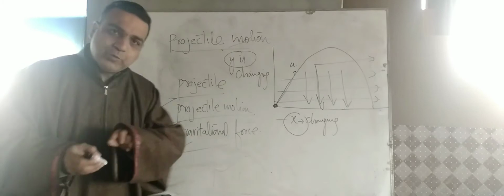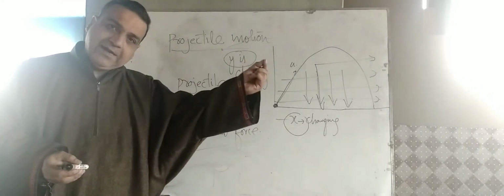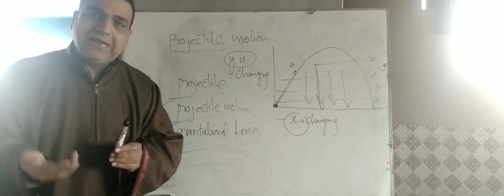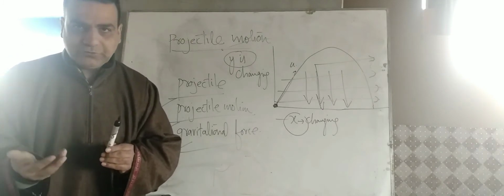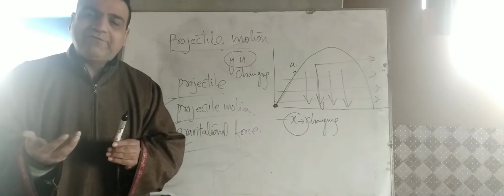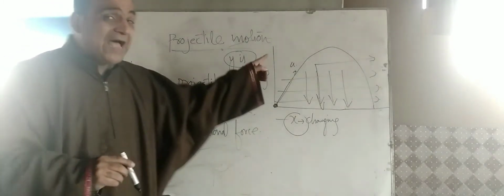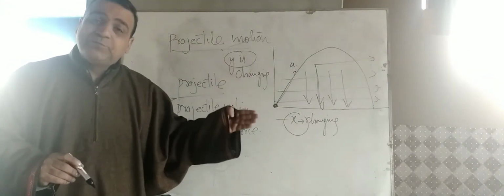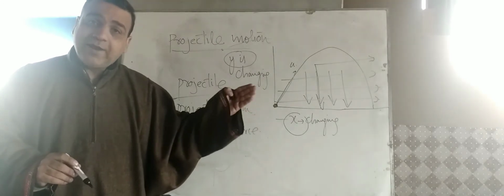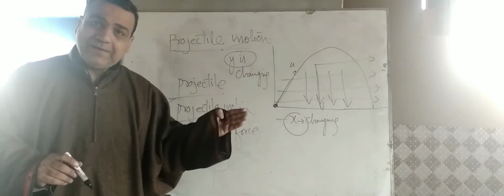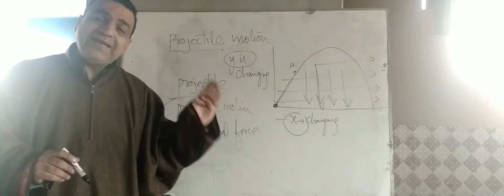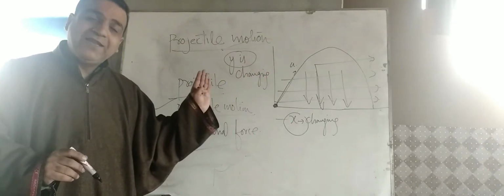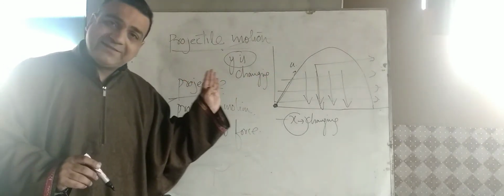When you throw a projectile in the air, the force that acts on it is the gravitational force, and the direction of that gravitational force is always downwards. So its acceleration acts in the vertical direction. At the same time, there is nothing attracting this projectile along the horizontal, towards the x-axis.